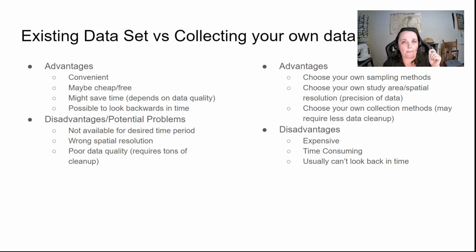It could be cheap or free, and it's going to save you a lot of time potentially. Another advantage is maybe this data has been collected over a long period of time, and so you are able to look backwards in time, because if you collected data yourself, you would only have a short period of time to do that data collection in, right?